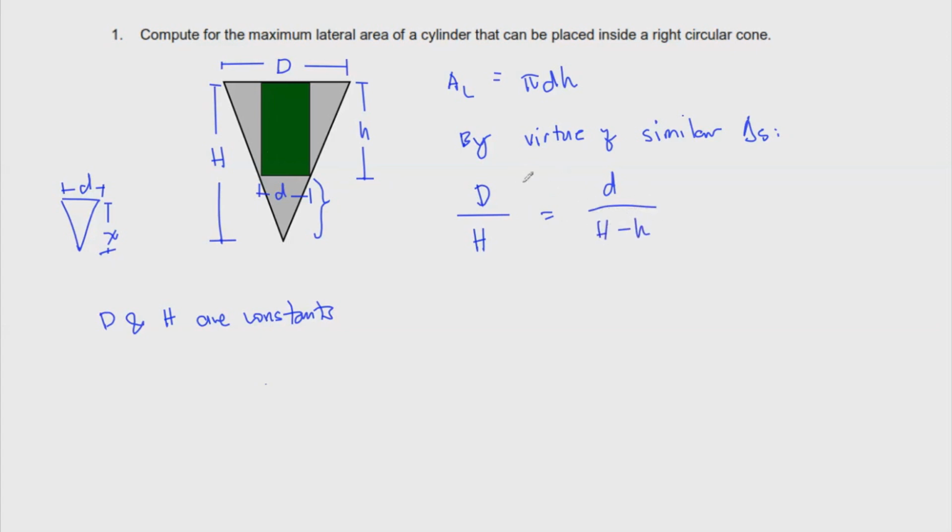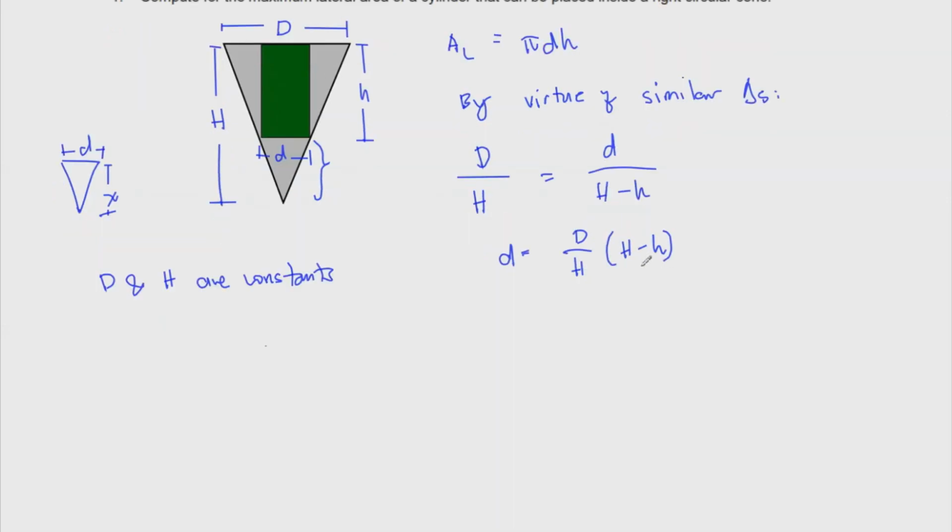With this, I have already related small d with respect to all the remaining variables and constants. So I could write d as D over H times (H minus h). I can now rewrite this in terms of the constants and a single independent variable. So that's pi, and then D over H, and then (H minus h), and then times h.